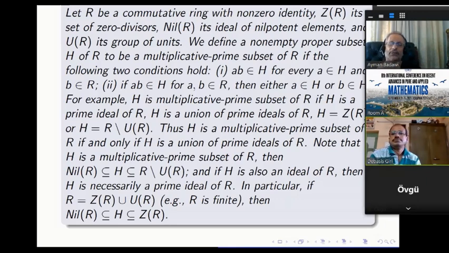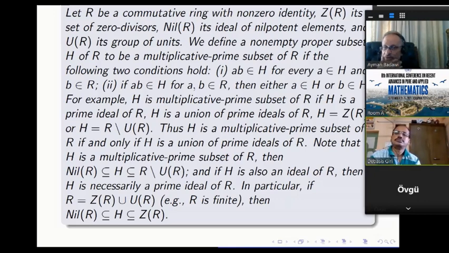Whenever you have an element A and B in H, then when you multiply them, you stay in H. And the other condition: whenever you have AB in H, for some elements A, B in R, then you want A in H or B in H.